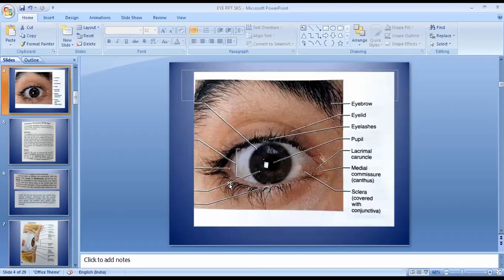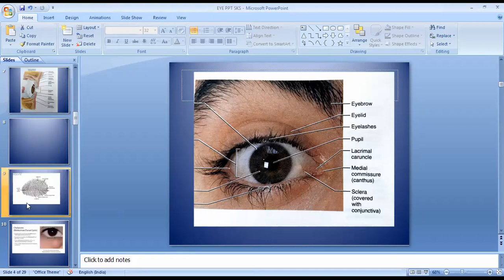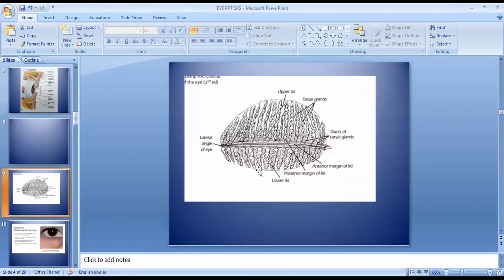They are all throughout the eyelid, and their openings are here. In the upper eyelid also, I think it will be clear over here. Yes, these are the glands present in the upper and lower eyelid, and you can see their openings.